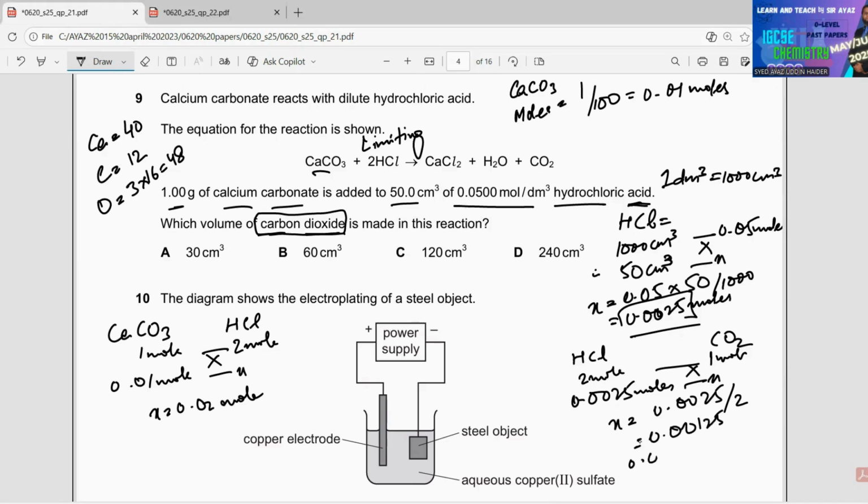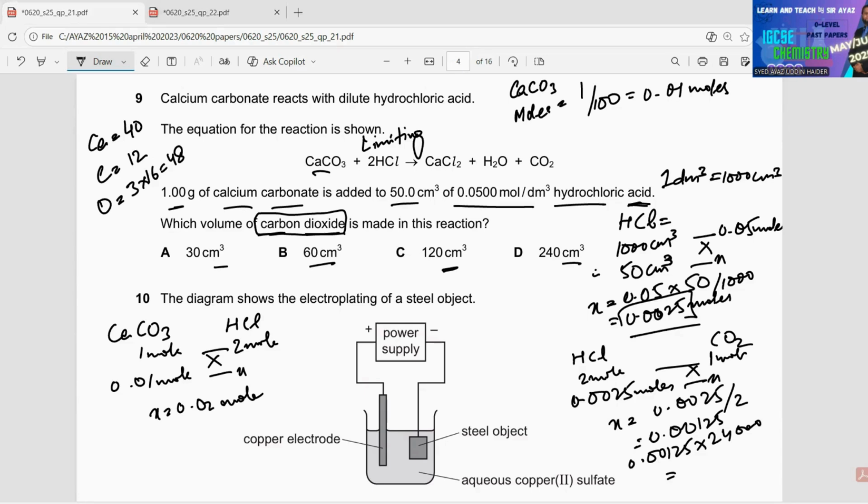And this will be multiplied by 24,000 centimeter cube, because the answer they gave us is in centimeter cube. 0.00125 multiplied by 24,000, and we are getting 30 centimeter cube. So C must be the right answer in this case.